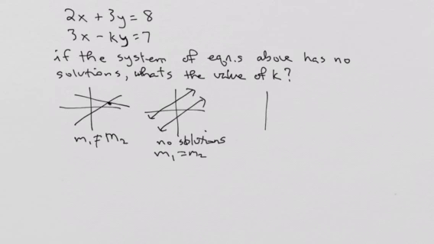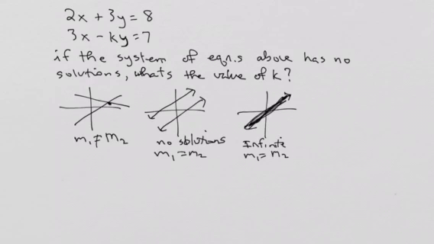And we have a third possibility, which is that the lines are what's called coincidental, and there's an infinite number of solutions, and that's because the lines are basically the same.